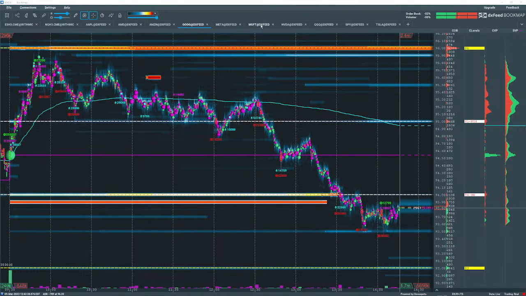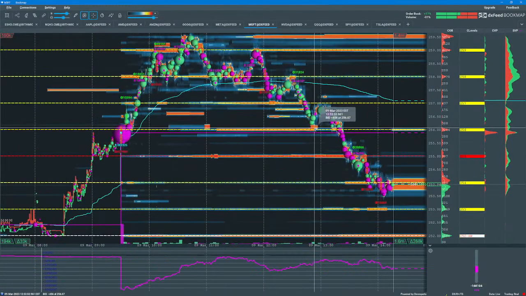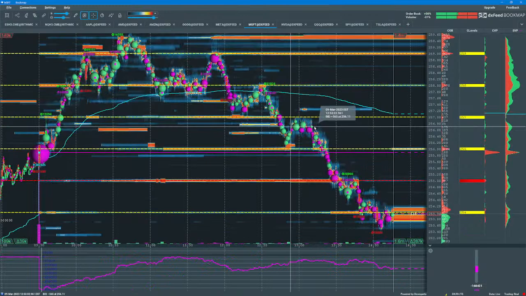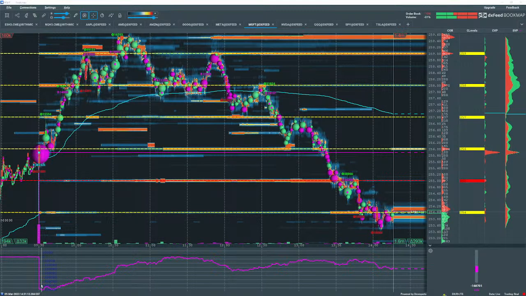All right, let's take a look at Microsoft. And strong uptrend this morning, definitely confirmed by order flow, cumulative volume delta. You can see all the green dots in here. Quick run up to the 259 level, and let's go take a look at Hero.